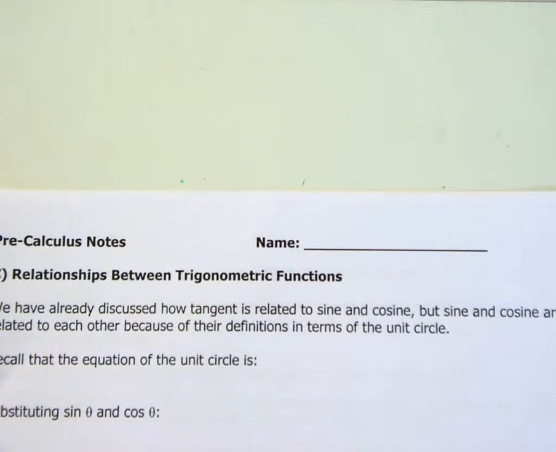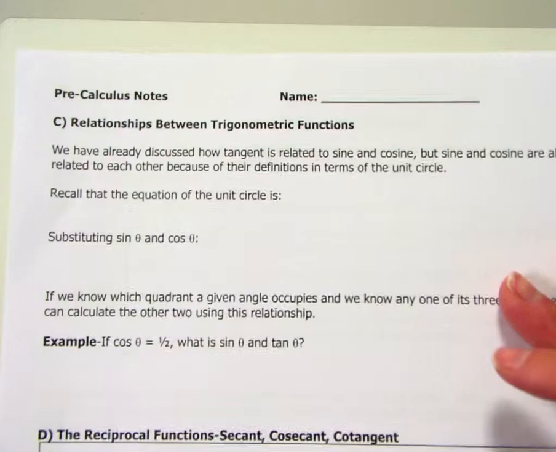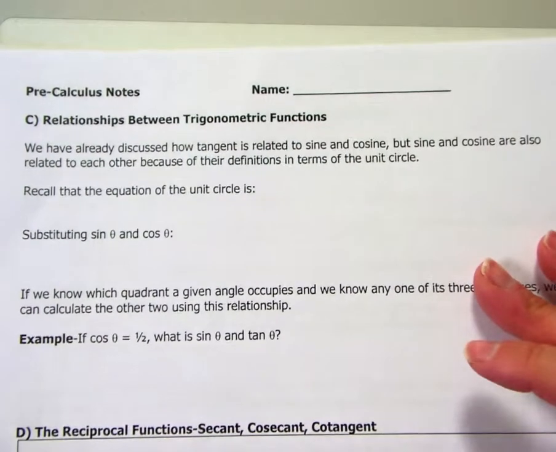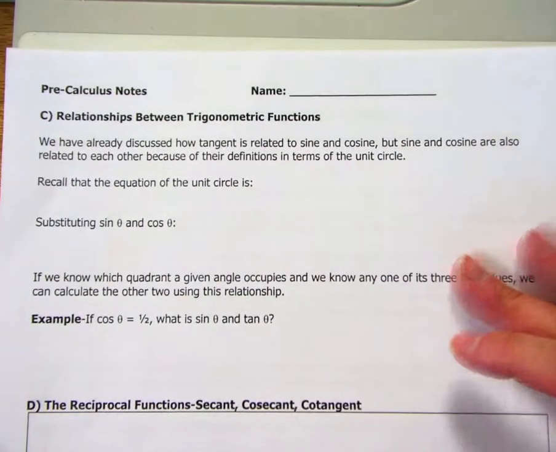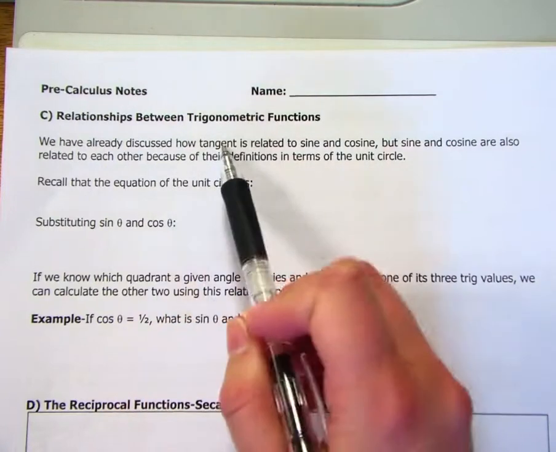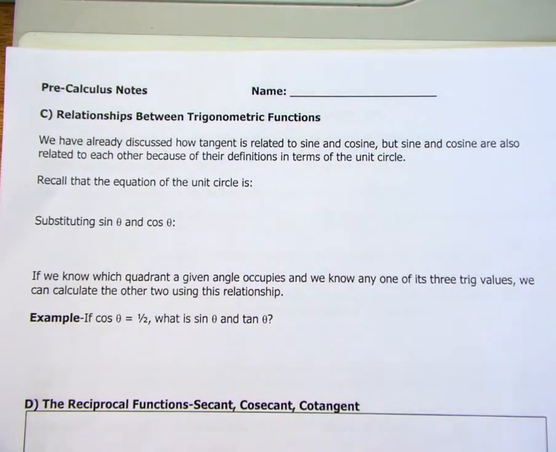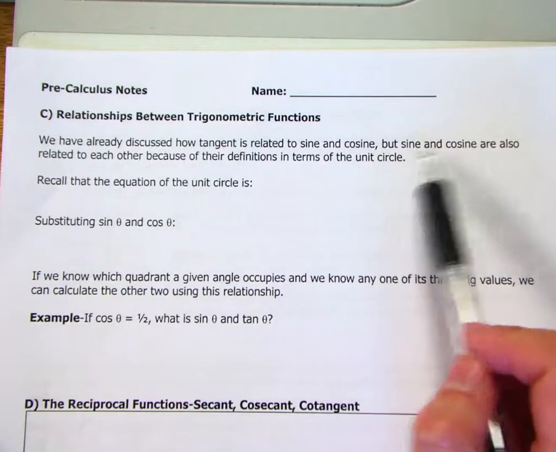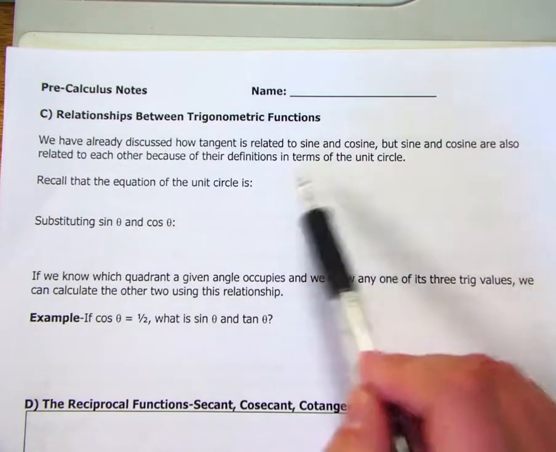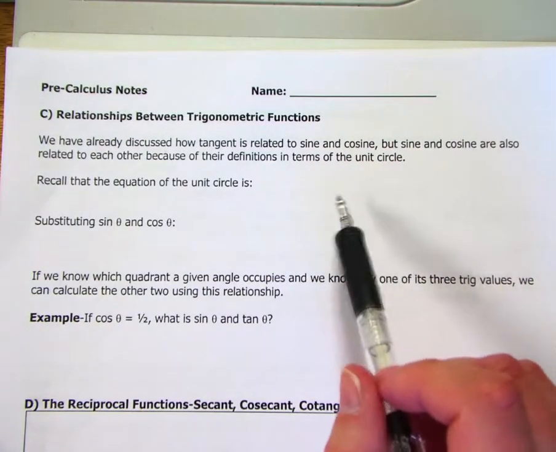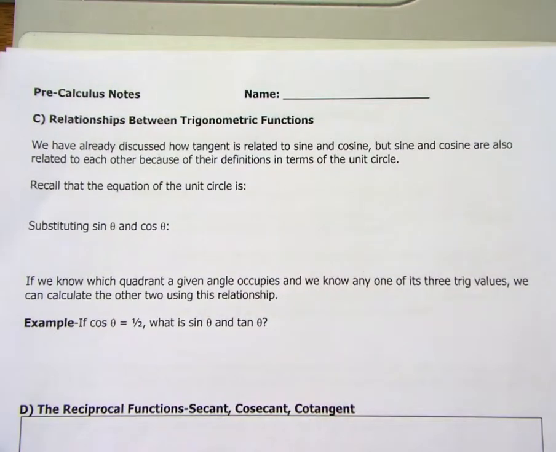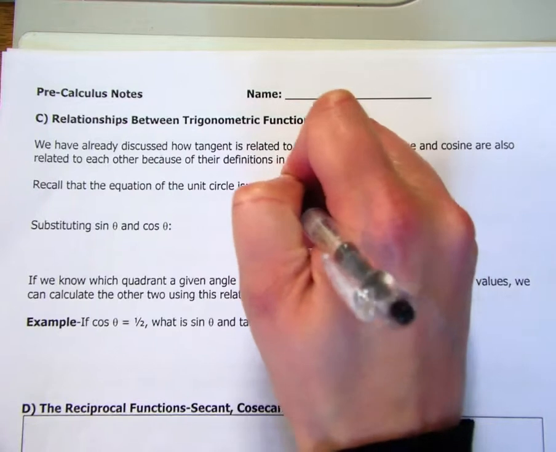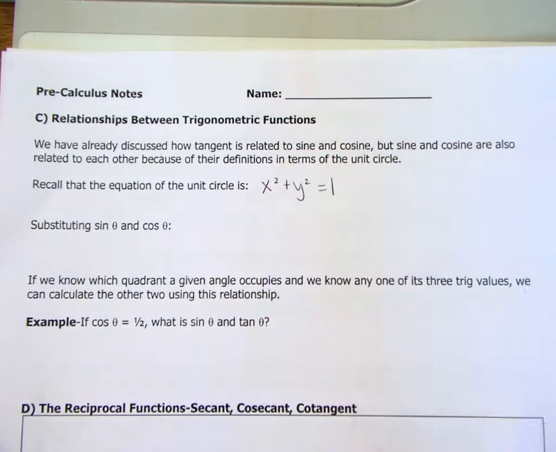All right. If you flip it over, we have just a couple other things to talk about here. We have talked about how tangent is related to sine and cosine. That's what we looked at on the front. But what we haven't really looked at is how sine and cosine are related to each other. This goes back to how we defined them earlier this unit from the unit circle. So let's go back to our equation of the unit circle: a circle centered at the origin with a radius of 1.